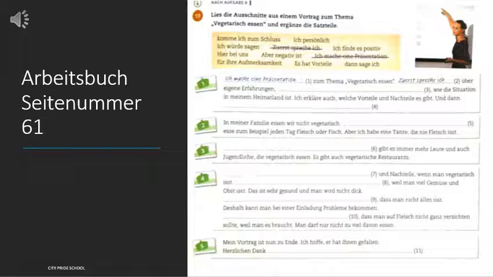That is very healthy and one doesn't become fat. Blank, dass man nicht alles isst. That one doesn't eat everything. Deshalb kann man bei einer Einladung Probleme bekommen. So one can get problems in case of any invitation. Einladung means invitation for lunch or dinner.